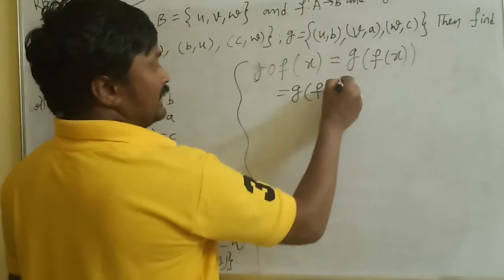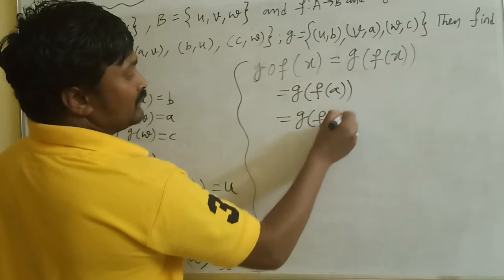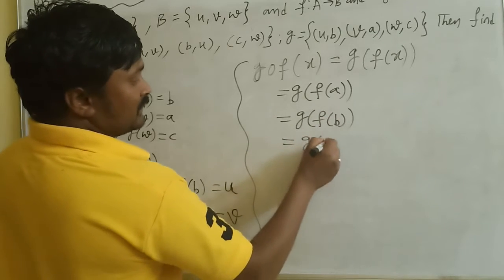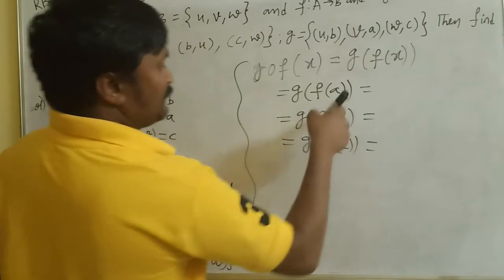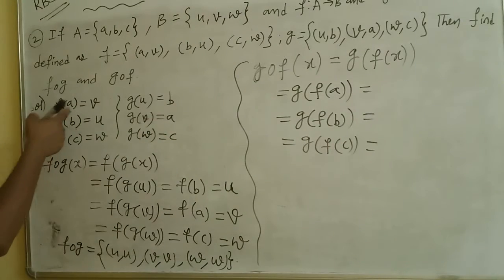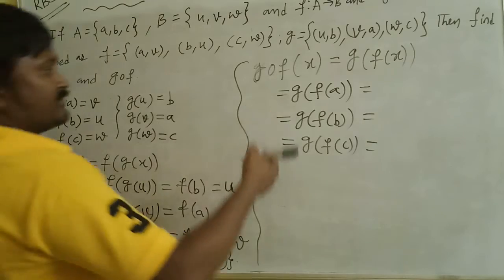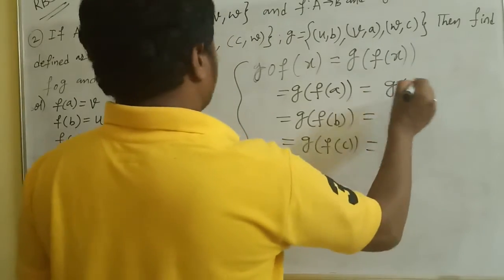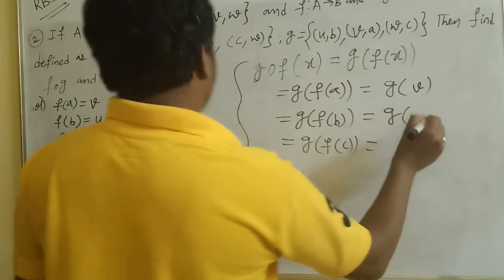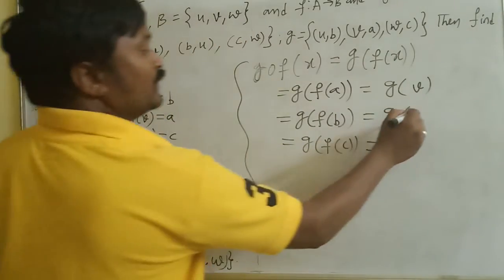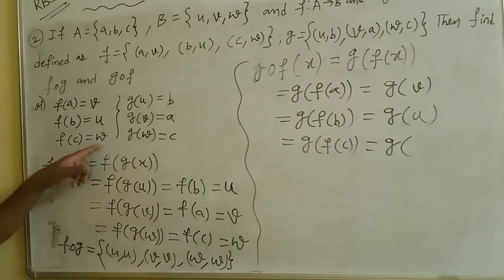So G of F of a, second one G of F of b, next G of F of c. F of a, F of b, F of c values you know. F of a is v, F of b is u, F of c is w. Just write that. So G of F of a is nothing but G of v, G of F of b is G of u, and G of F of c is G of w.